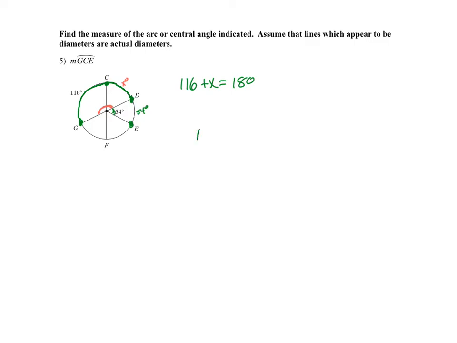So I'm just adding to 180 that 54 piece right here. So the measure of arc GCE equals 180 plus 54, that is 234 degrees.